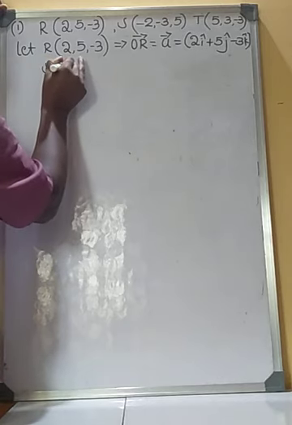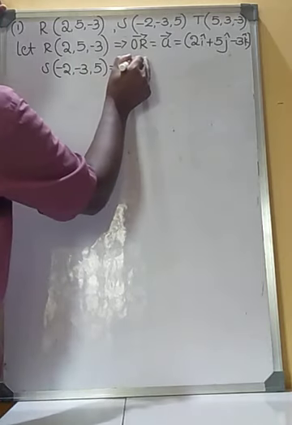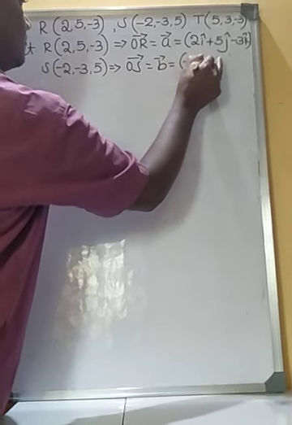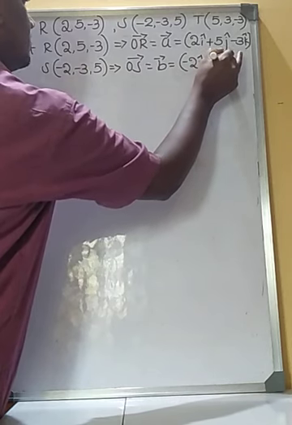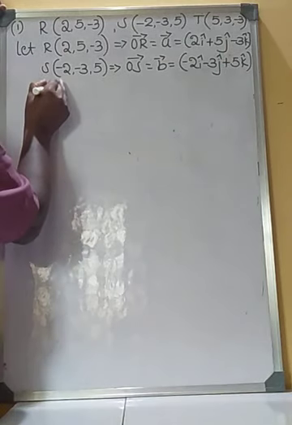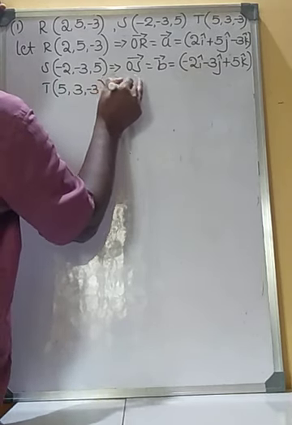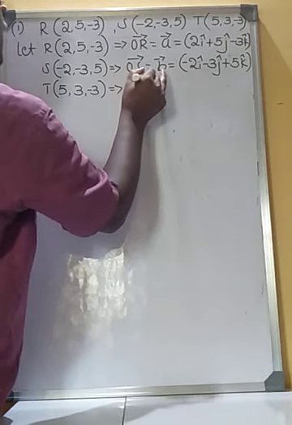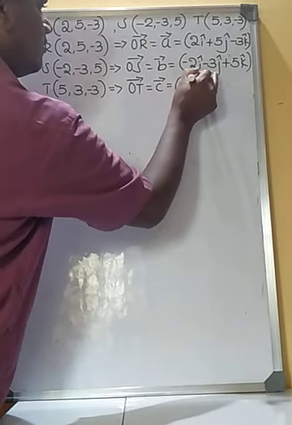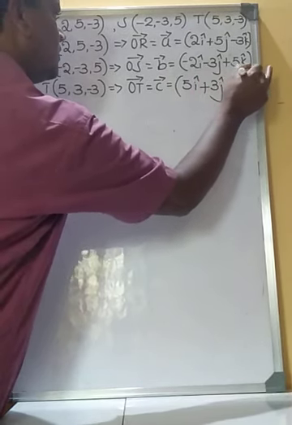S point (-2, -3, 5) implies OS is equal to vector B, -2i minus 3j plus 5k. T (5, 3, -3) implies OT vector is equal to vector C, 5i plus 3j minus 3k.